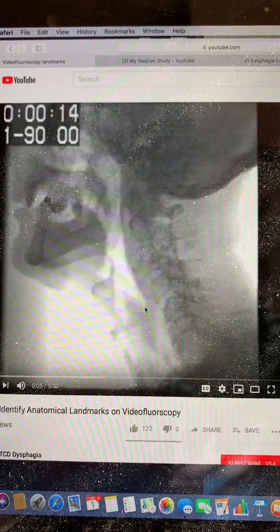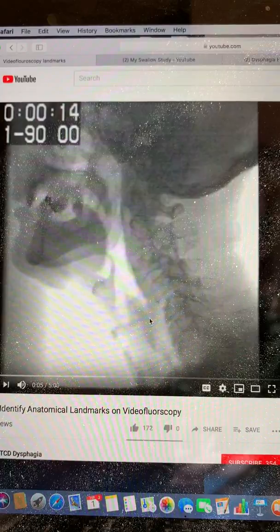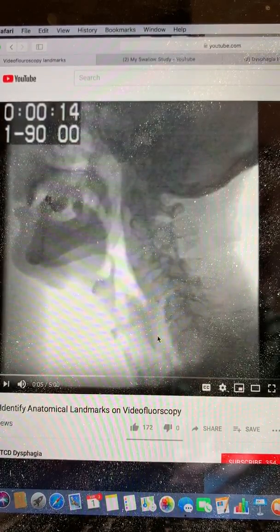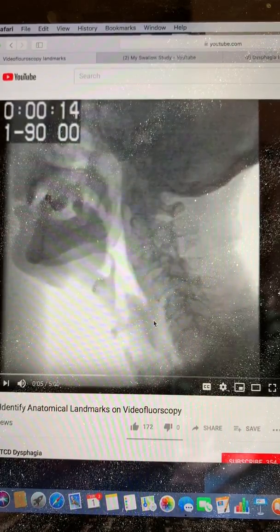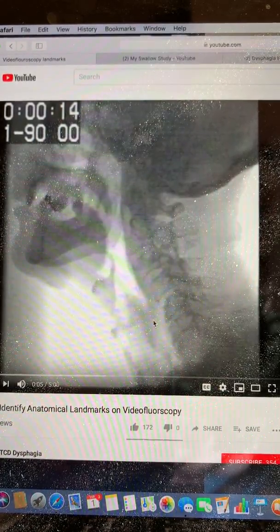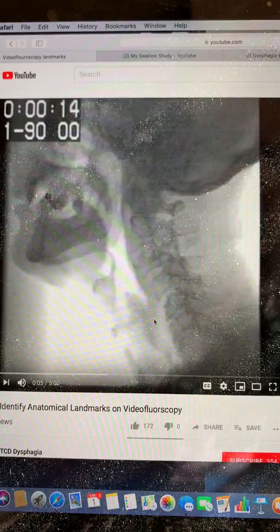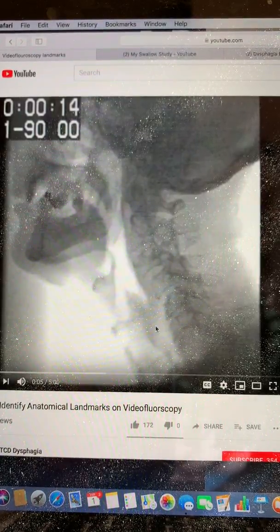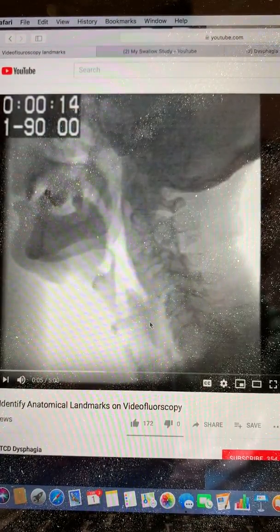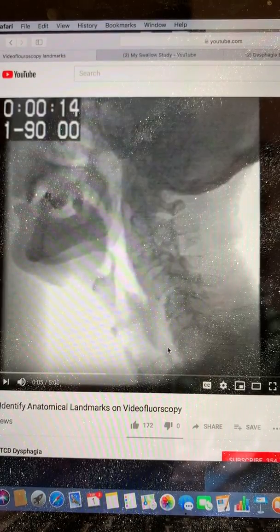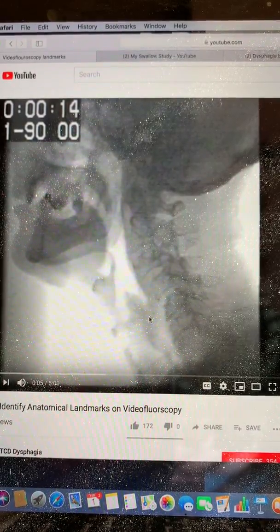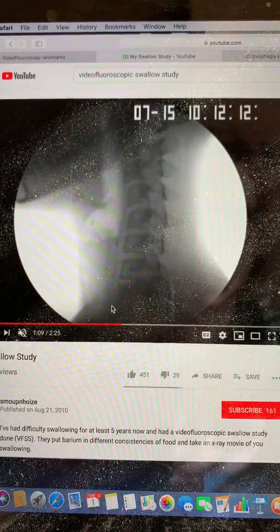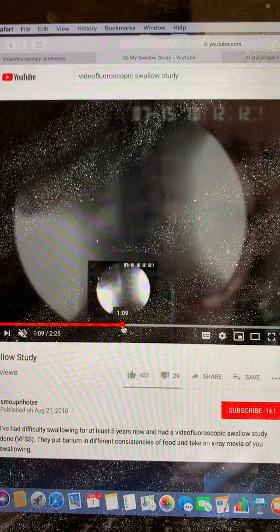So then once it gets past this esophageal sphincter, peristalsis begins, which is kind of like a natural occurrence of the muscles where they loosen at the front of the bolus and they are lax, or they tighten at the back of the bolus. You can probably see it here.